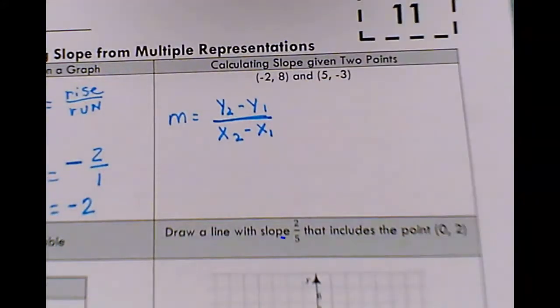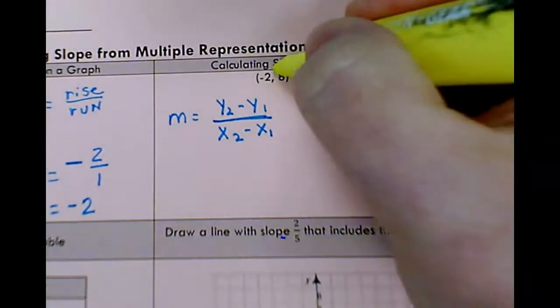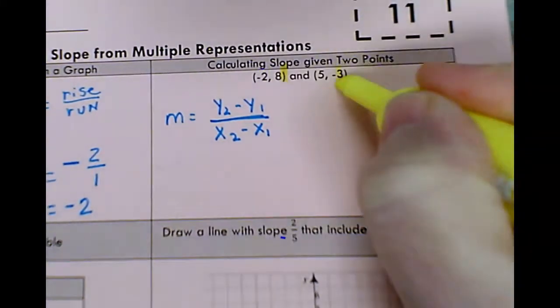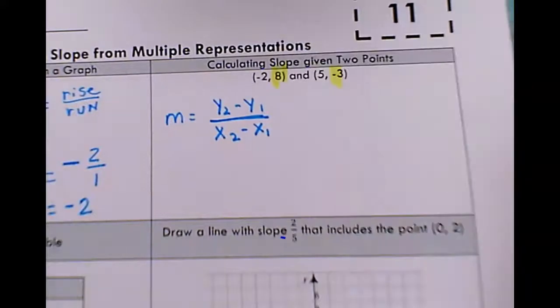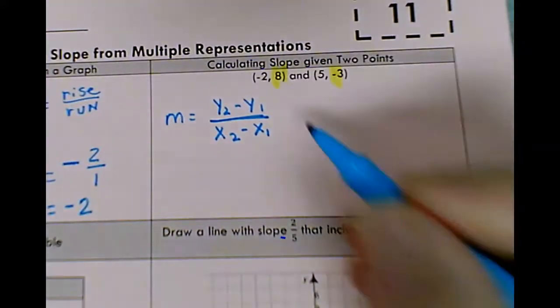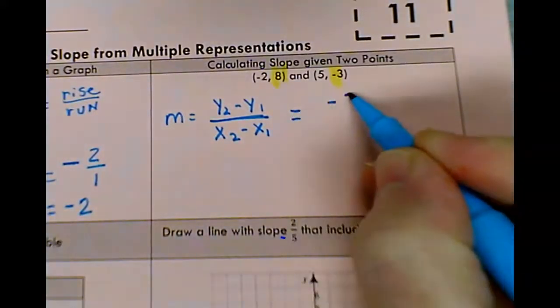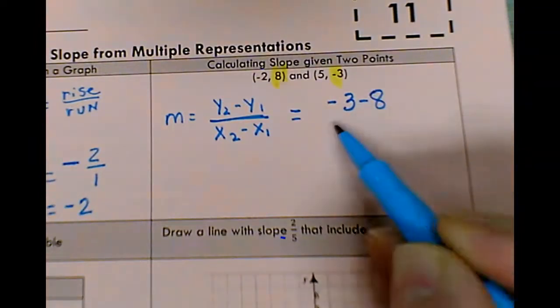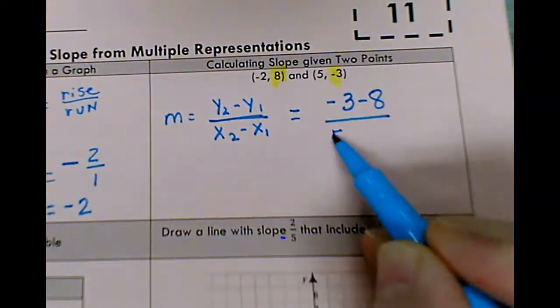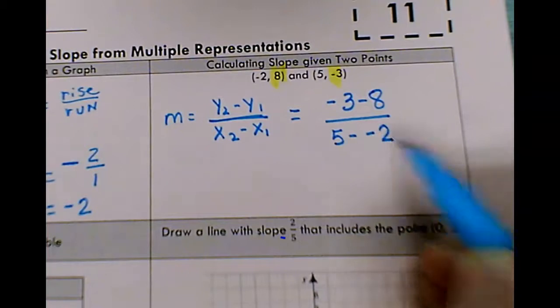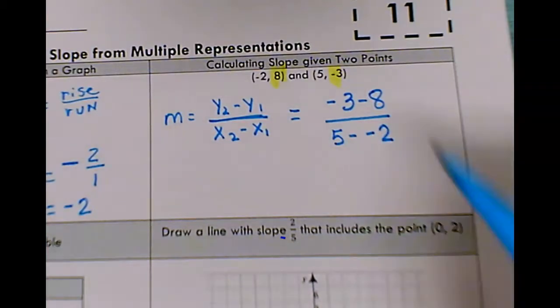Now, sometimes I tend to get my eyes look at the wrong number, and so I use a highlighter to highlight my y numbers. Those are my numbers that are going to go on top, and my x numbers are the unhighlighted numbers.